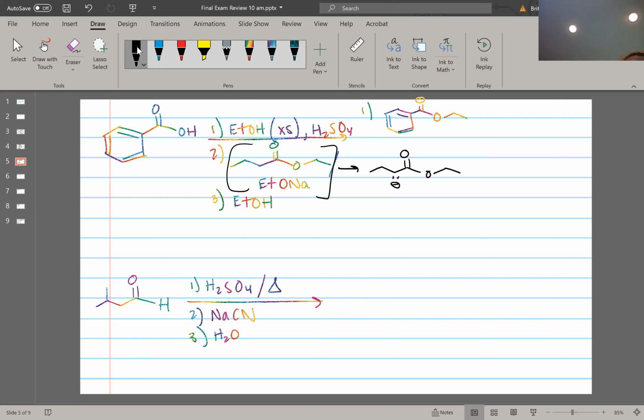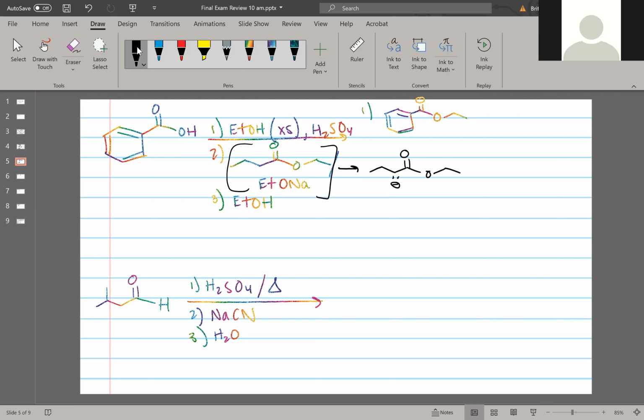And what's going to happen with that? What type of reaction are we setting up here? What type of reaction uses an ester enolate in a reaction with an ester?